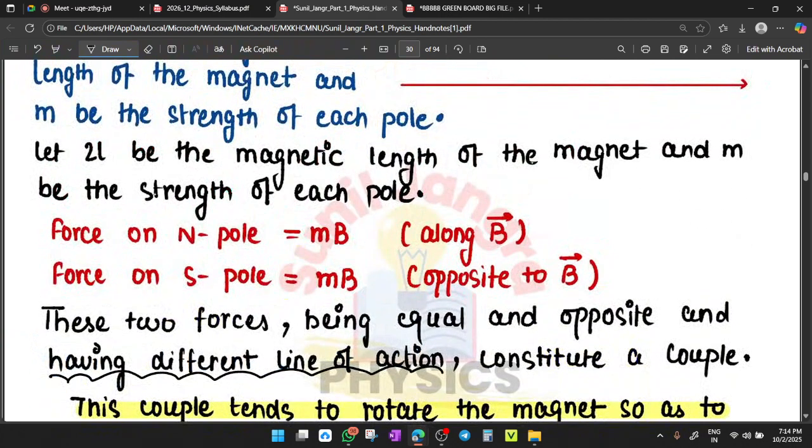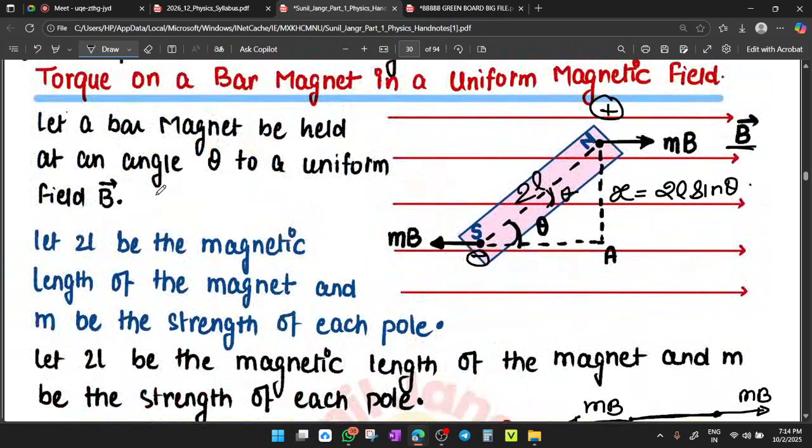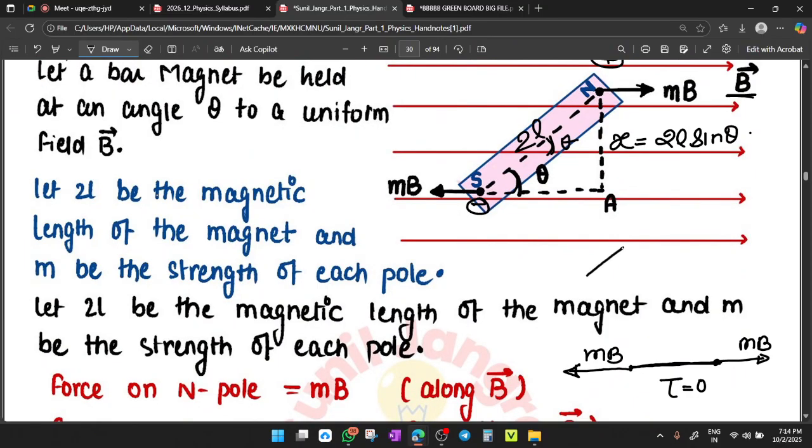Look here, like there is a lever and you have two forces with the same line of action, this is mB, this is mB. Since both forces have the same line of action, the torque here will be 0. But here the lines of action of the two forces are different. This is the lever arm. One force acts upward and the other acts downward, so they have different lines of action.